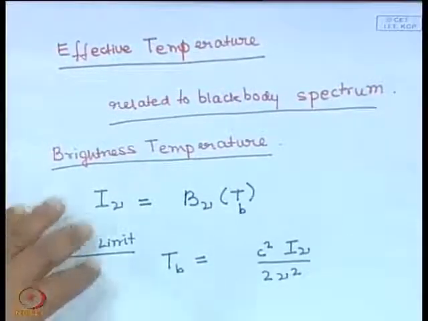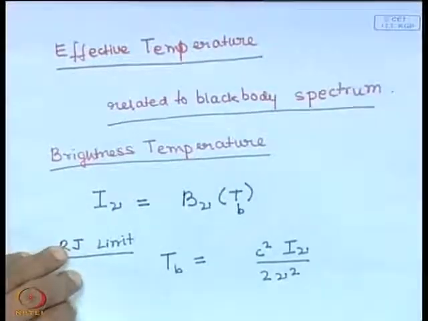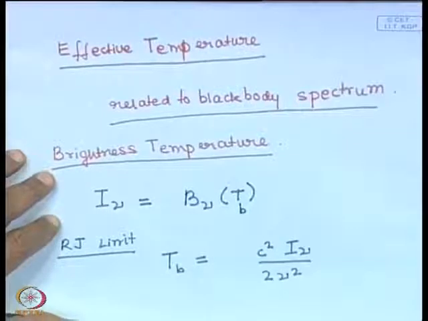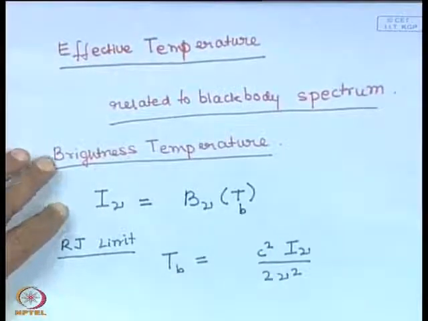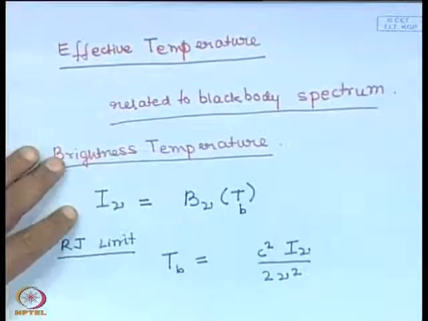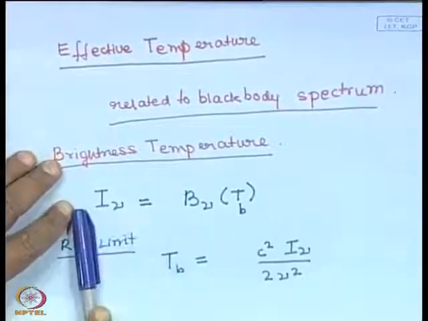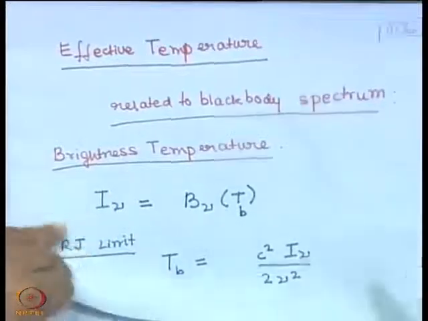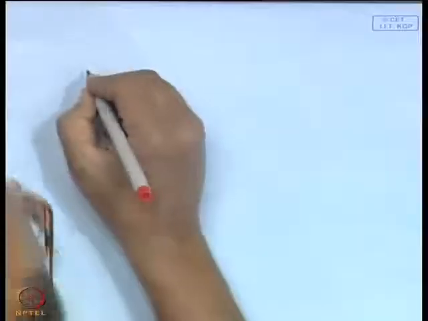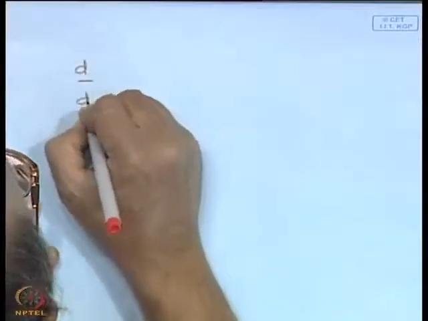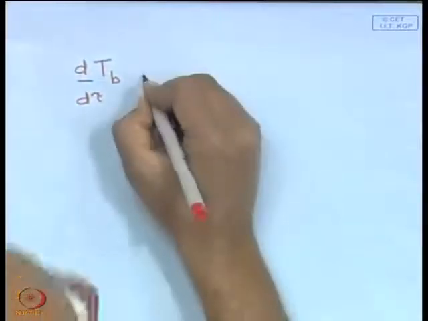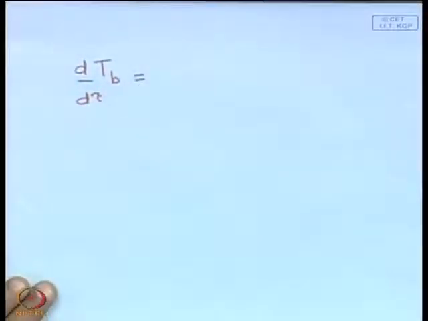Now, in the Rayleigh-Jeans limit, the radiative transfer equation also takes on a very simple form. Instead of using specific intensity, we can just use the brightness temperature. So, the radiative transfer equation becomes d by d tau of the brightness temperature is equal to, the specific intensity is now replaced by brightness temperature.